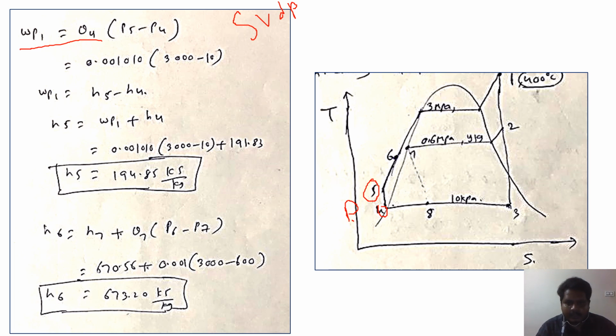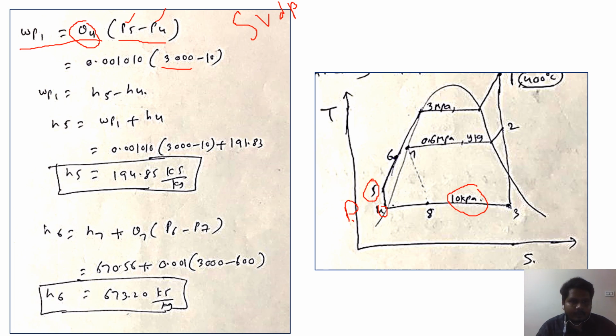Here the process is 4 to 5, so we write P5 minus P4. The value of v4, specific volume at point 4, we have to take from the steam table at given pressure of 10 kilopascal, and P5, P4 values are already given in the problem.